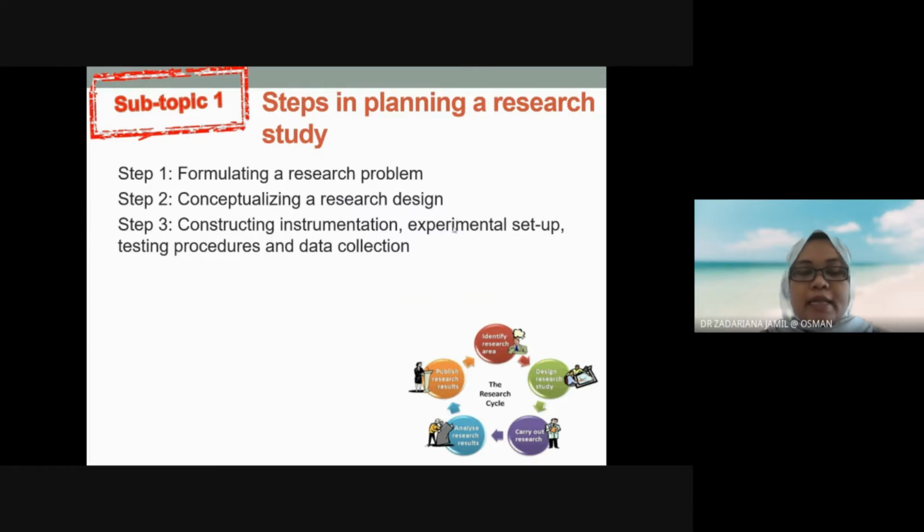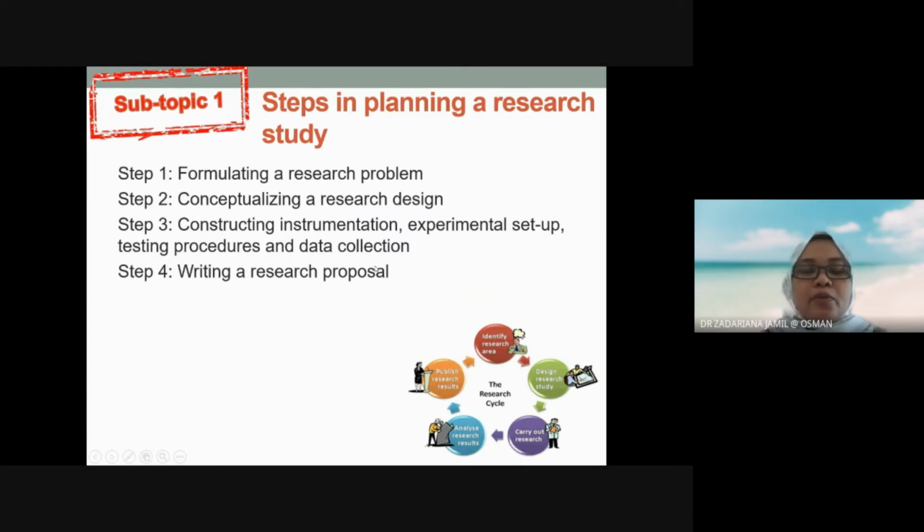So you need to identify all that. And then the next step is to write a research proposal. To write a research proposal, you need to complete step 1 until step 3.